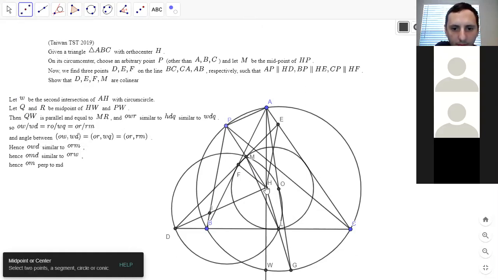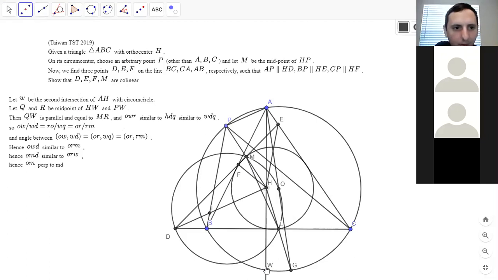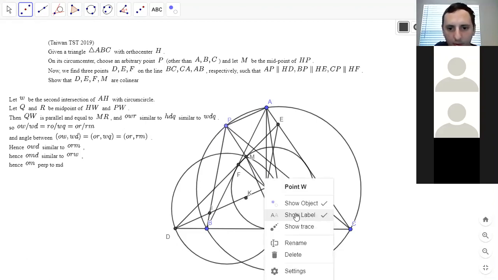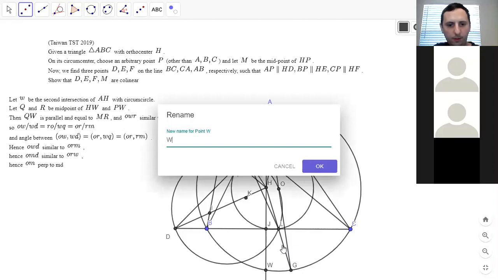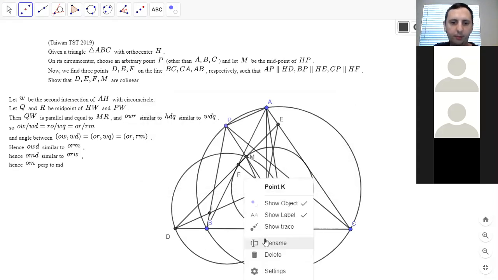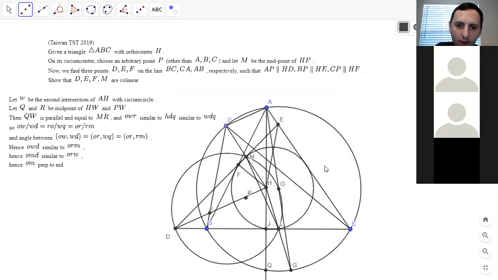So the midpoint of HW and the midpoint of PW. The midpoint of HW is just the foot of the altitude. So this is Q, and this is R. That's the only reason I deleted point R, because I wanted this to be point R. Oh, where'd W go?